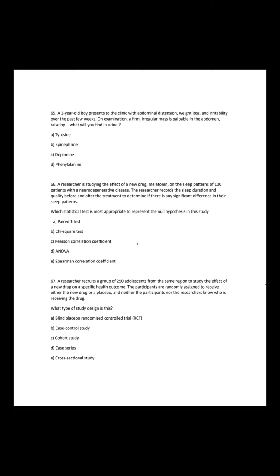So raised BP, weight loss, irritability, what are you going to find in the urine, okay? We all know what we basically find in the urine: tyrosine, epinephrine, dopamine, or phenylalanine.